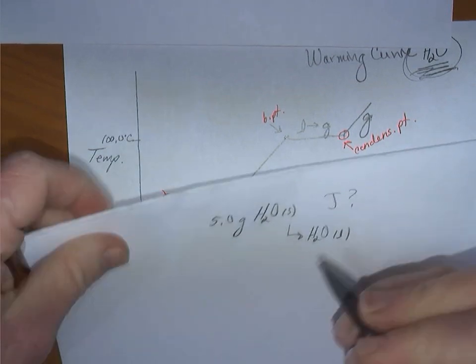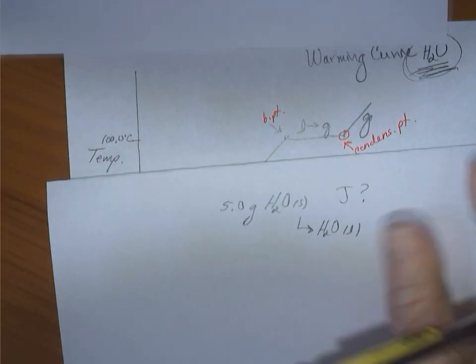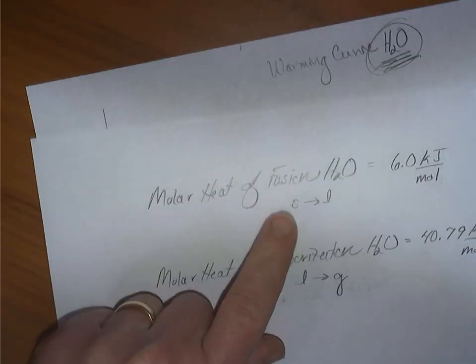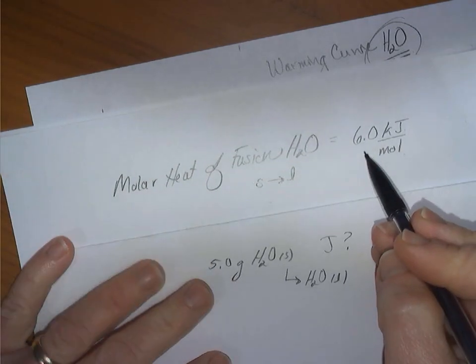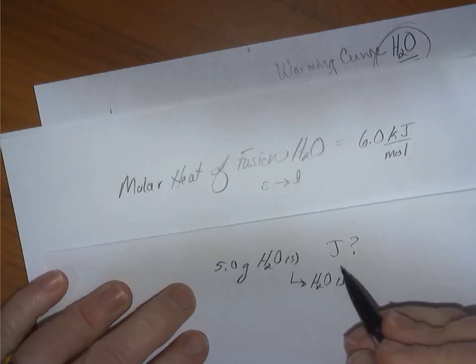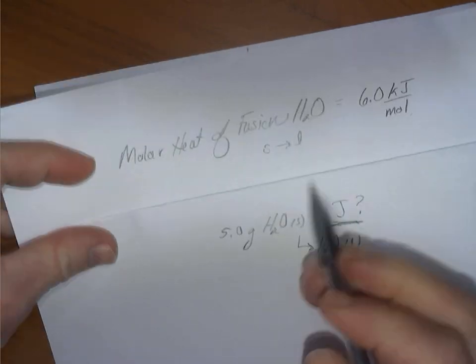Well, if we are undergoing a phase change, and solid to liquid would be the molar heat of fusion. Okay, and we definitely are endothermic, so we're investing this. I want to know, how many joules do I have to invest to be able to accomplish this?